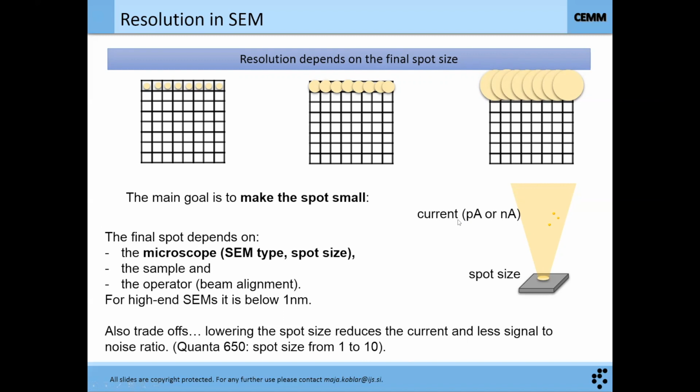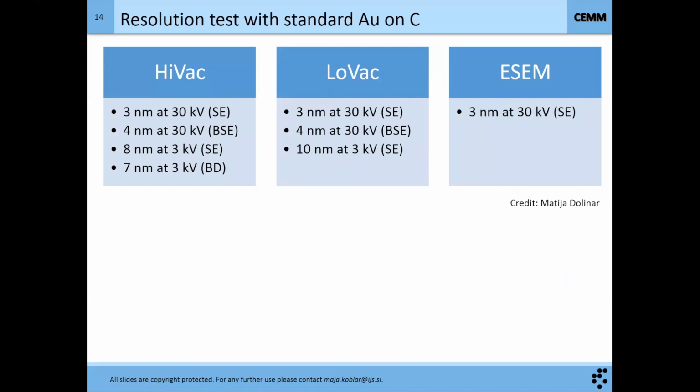So you can change the probe current, which means how many electrons you have, and you can change the electron energy, how much energy they have. You will also be changing this to get a view of what is going on in the Quanta.